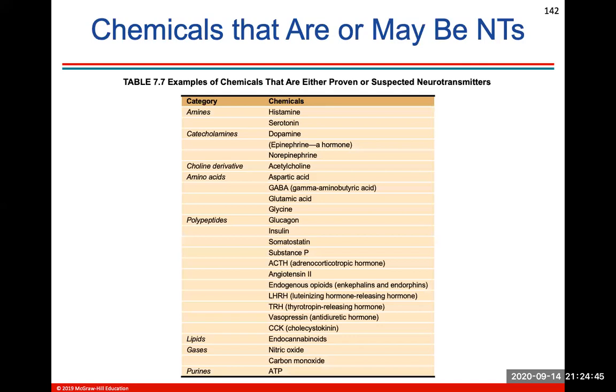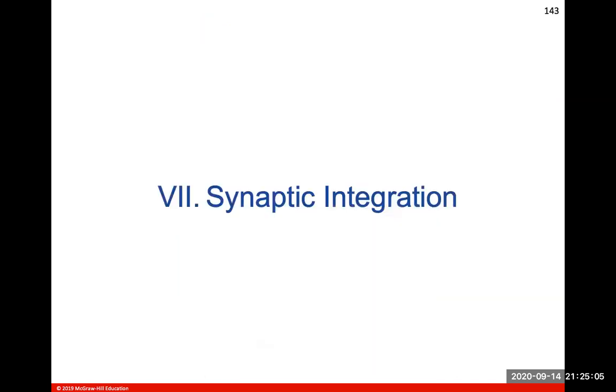Chemicals that are or may be neurotransmitters: these are even more of a category of chemicals that could be a neurotransmitter. And again, a neurotransmitter is anything that will be released from the end of an axon in a neuron to travel across a synapse, or a space, to another nerve or axon.